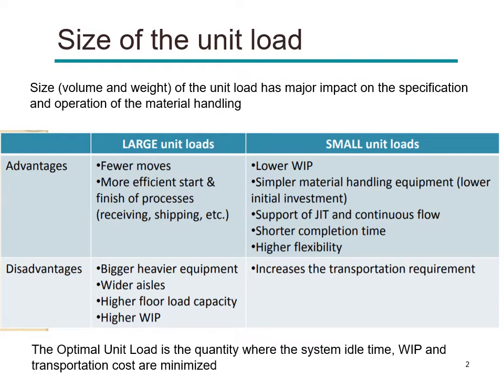Your floor load capacity should be higher to carry the heavier equipment. And you will have higher WIP, because one unit load may mean hundreds of items, and they will all be transported and stored at once, which means your WIP levels will be higher.